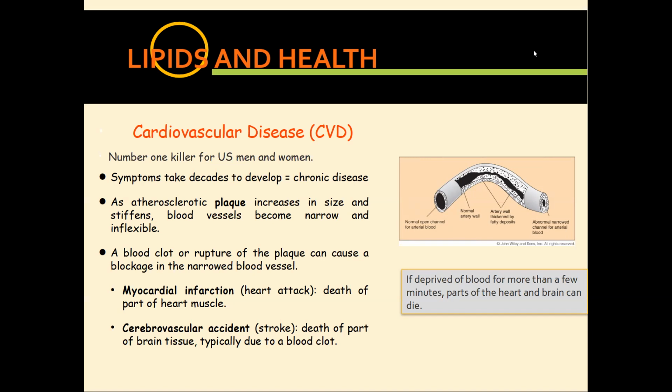This is the death of part of the heart muscle, and it may cause your heart to beat irregularly or stop. Almost 25% of people do not survive their first heart attack. Similarly, if the blood flow to part of the brain is interrupted long enough, part of the brain dies, and that causes a stroke, which is also known as a cerebrovascular accident.